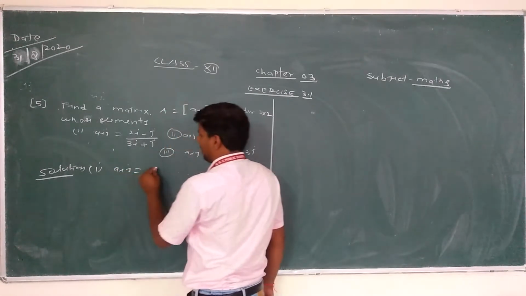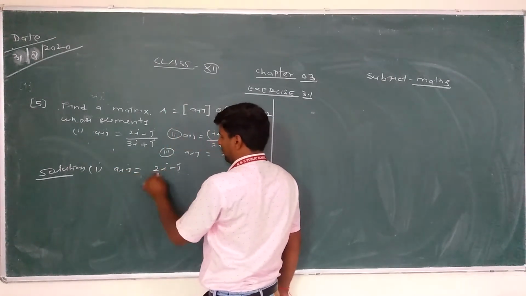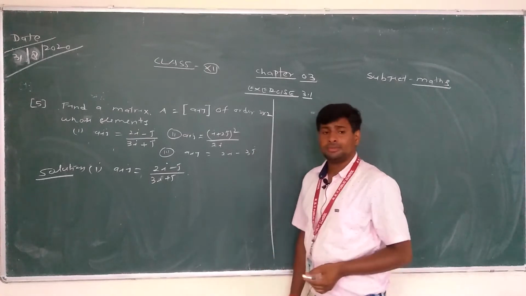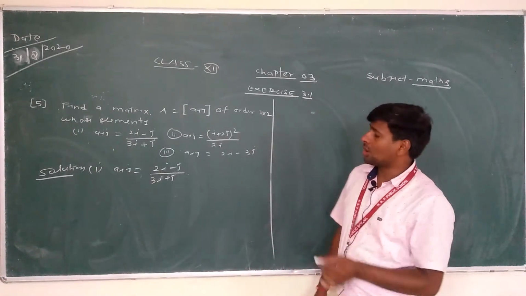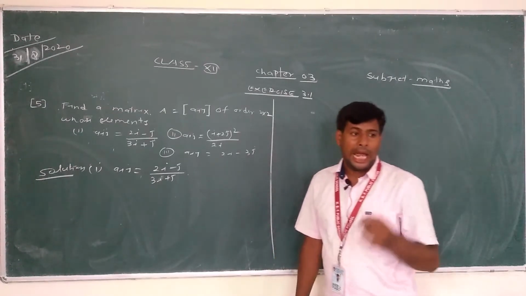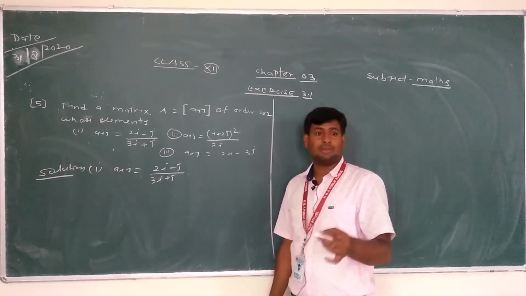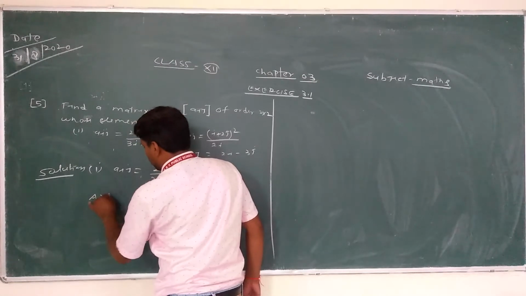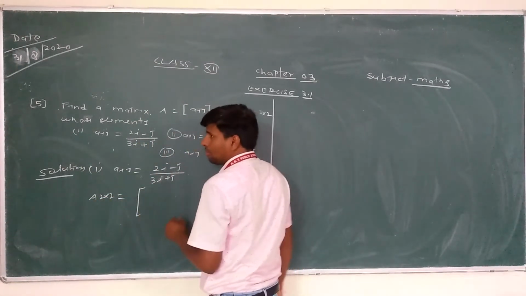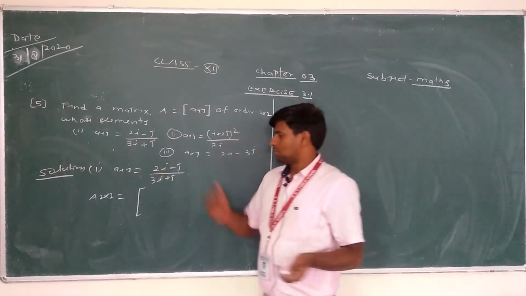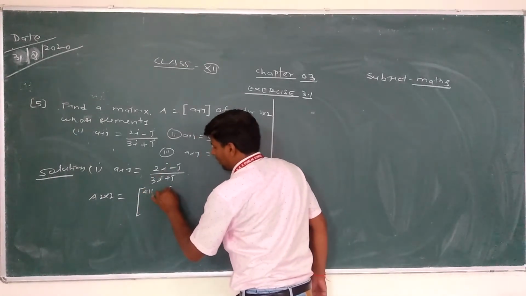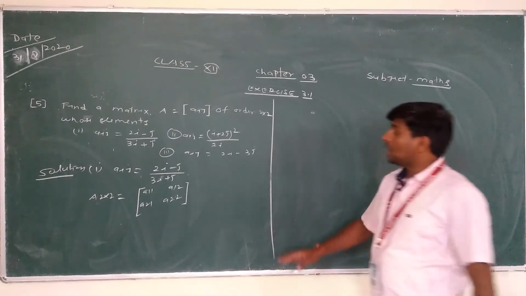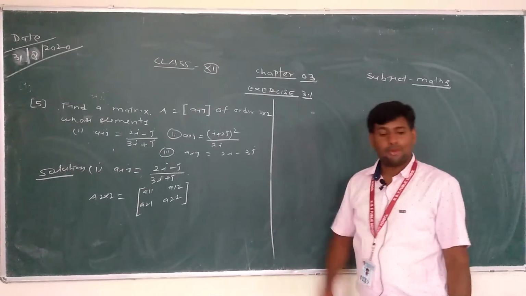The particular element is defined as (2i minus j) by (3i plus 2j), and what are i and j? i represents the position of the element in the row and j represents the position of the element in the column. We need to construct a 2 cross 2 matrix, meaning 2 rows and 2 columns. So a 2 cross 2 matrix can be written in this form: A11, A12, A21 and A22. So we need to find these 4 elements.